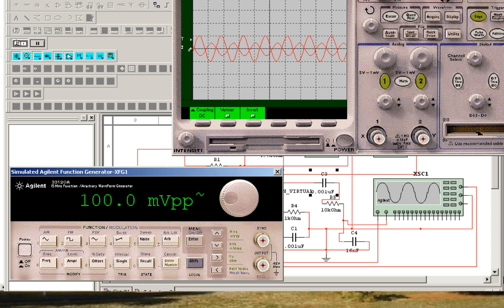Let's put noise in there. What's wrong with this thing?